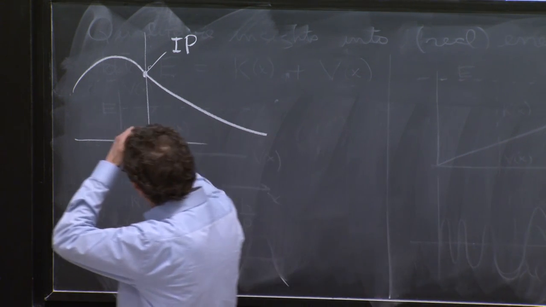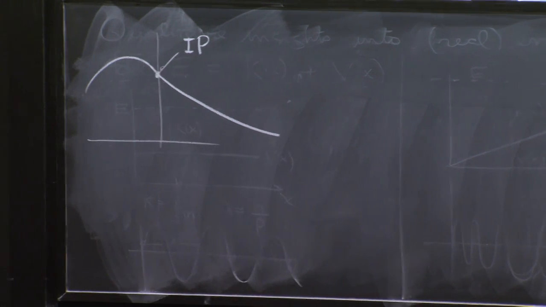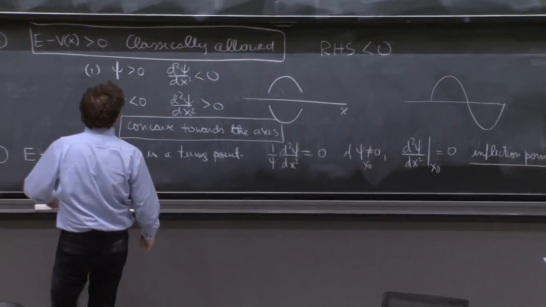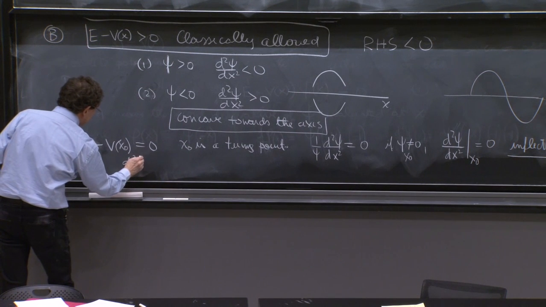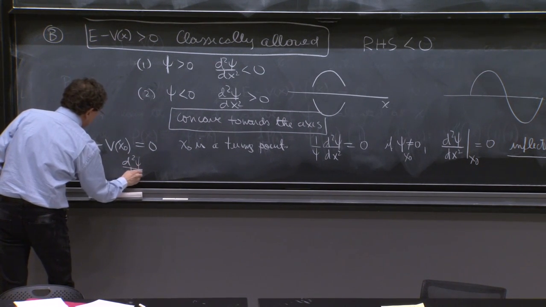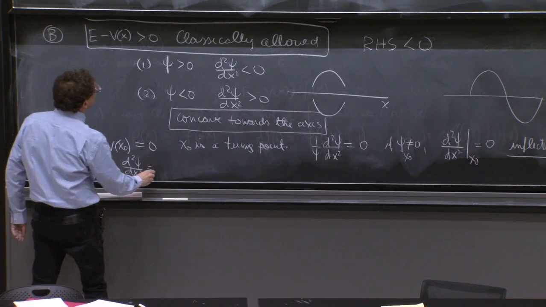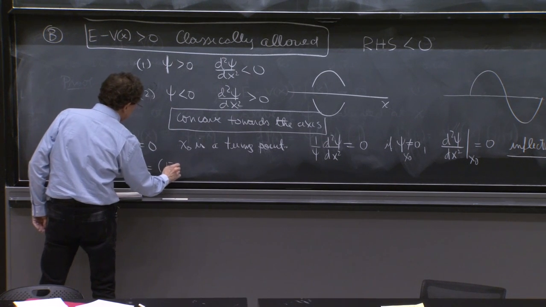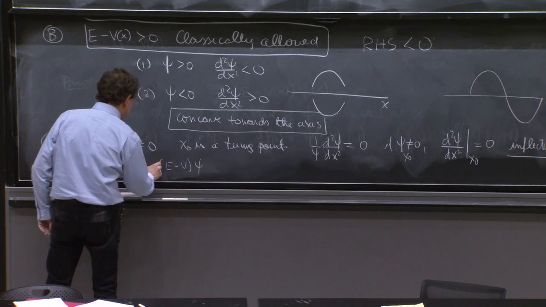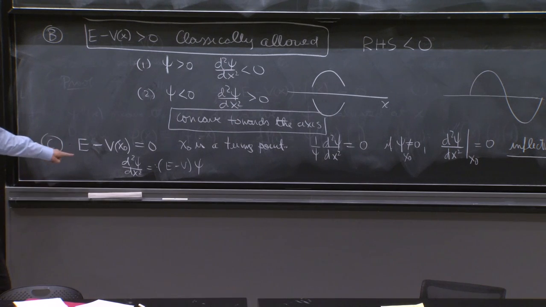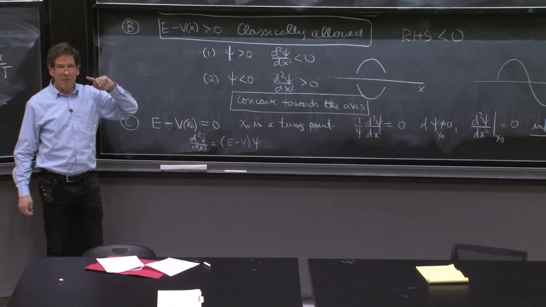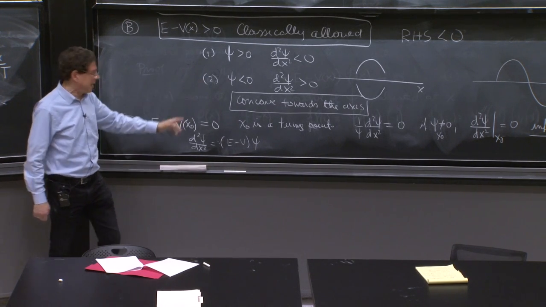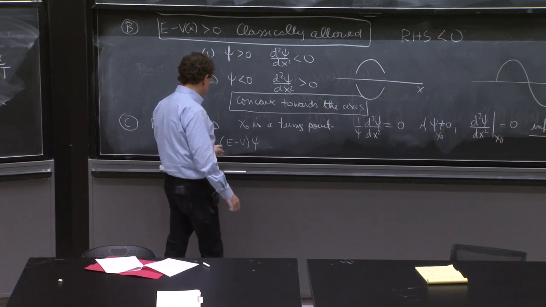And it should be remarked that from that differential equation, you also get that the second derivative of psi with respect to x squared is equal to E minus V times psi with its constants. And therefore, when psi vanishes, you also get inflection points automatically, because the second derivative vanishes.